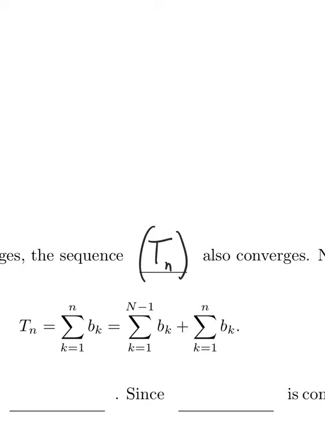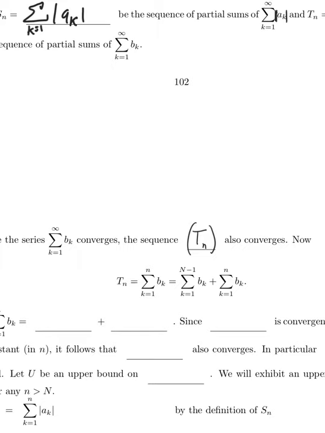Now the difference between T_n and the series you would get if you started not at the first term isn't so hard. Those two things are super related. So let's just write that down. T_n, by definition, is the sum from k equals 1 to n of b_k.